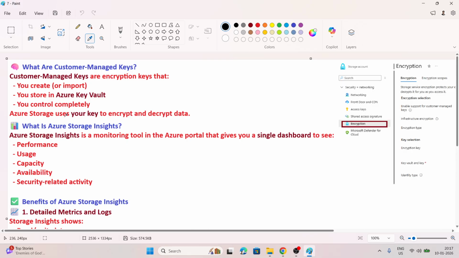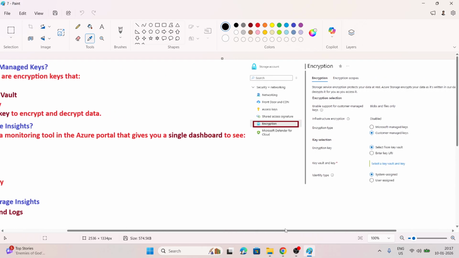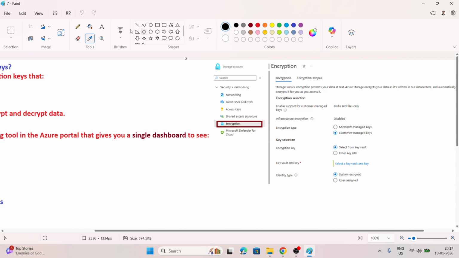Azure Storage uses our key to encrypt and decrypt data. In this picture, we create customer managed keys, and the encryption key is selected from Key Vault, where it is saved.